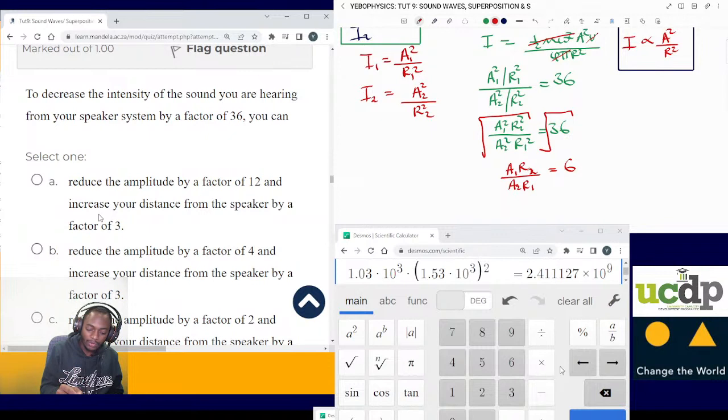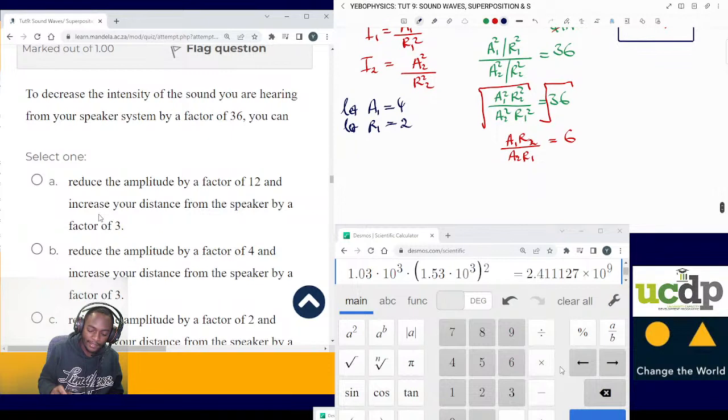I would like to put conditions on I1, the initial intensity. Let A1 be equal to 4 and let R1 be equal to 2. Then I substitute and simplify the equation. In place of A1 I put 4, R2 and A2 I don't know, but I know that R1 is 2.